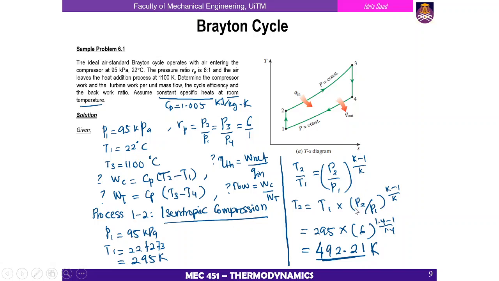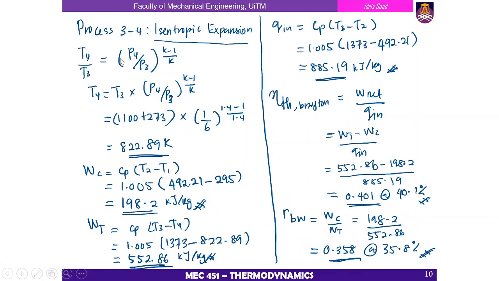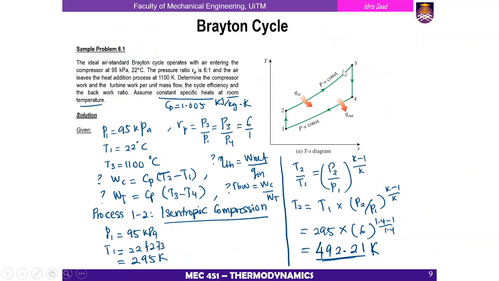Directly we can know the value of pressure at point 2: it is 6 times higher than pressure 1. All right, so process 3-4. We only know the temperature at T3. The pressure ratio from pressure 3 to 4 is also 6 to 1.